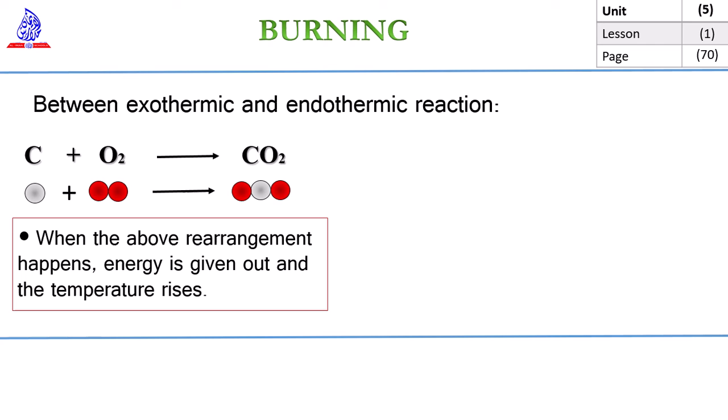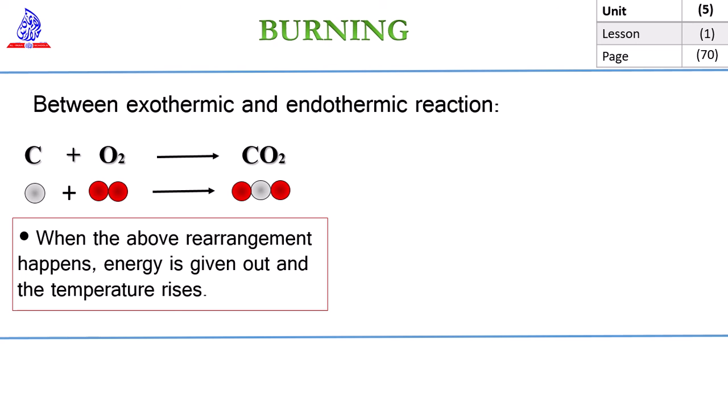Again, in carbon, there is a lone atom. There are no bonds in carbon because there is only one carbon atom. But in oxygen, there is a diatom. There are two atoms, so there is a bond between them. And this bond has been broken to make a new arrangement.